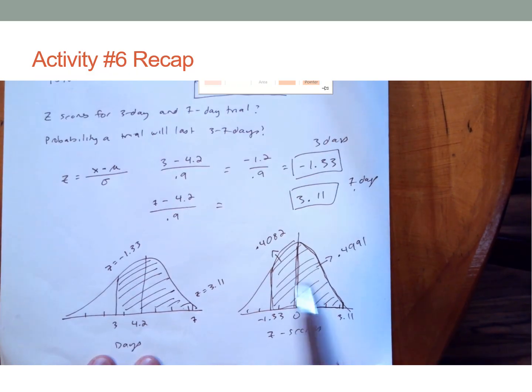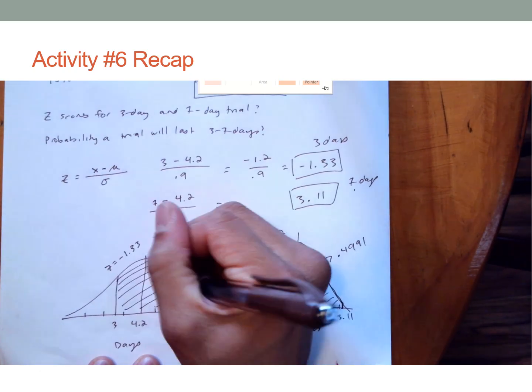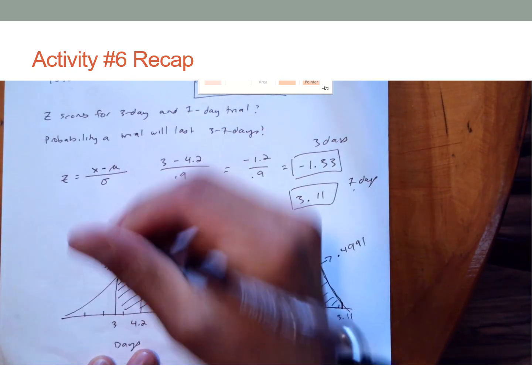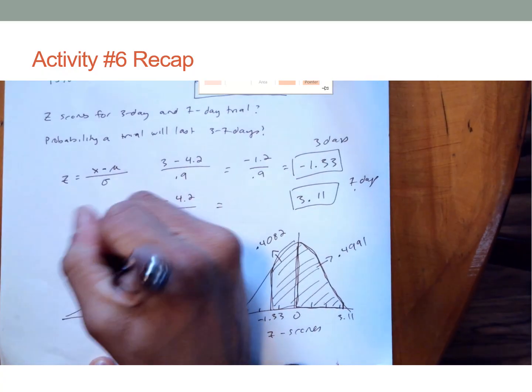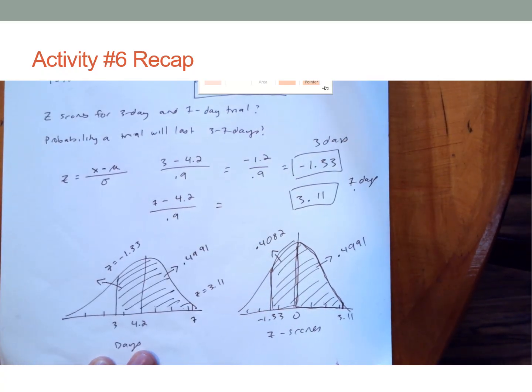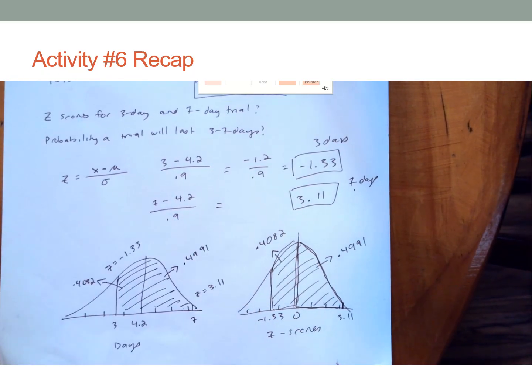These values transfer perfectly over to our graph where everything is counted in days. Because each graph is the same except for the units we're counting in, we know that on this half of the graph we've got an area under the curve of 0.4991, and on this side of the graph we've got an area under the curve of 0.4082 shaded.